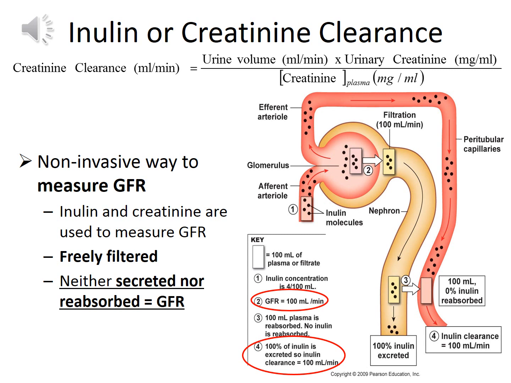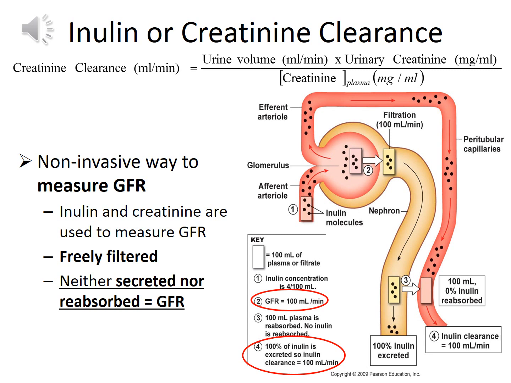Then you take that urine sample and send it off to the lab and say you want a urinary creatinine level, and they'll send you a number back in milligrams per milliliter. The final factor, we'll need to draw blood on these patients and run a creatinine concentration. Again, that'll come back in milligrams per milliliter. And so it's a non-invasive way to get a very, very close estimate of glomerular filtration rate.